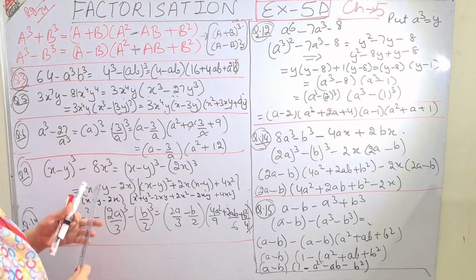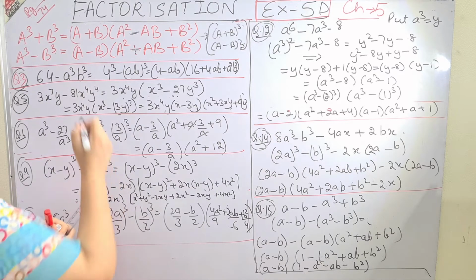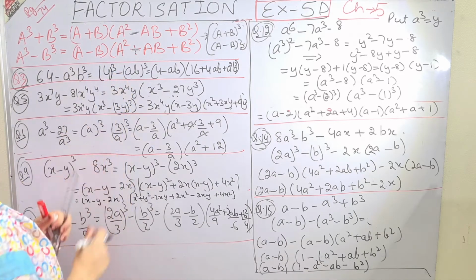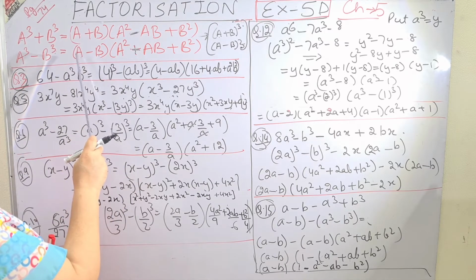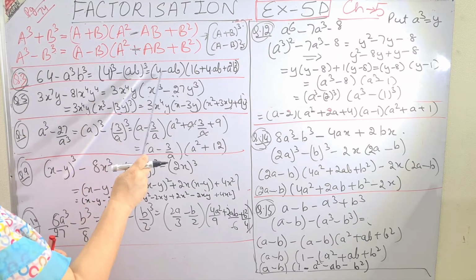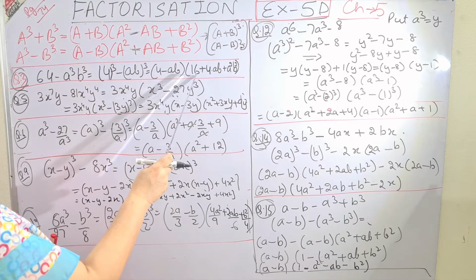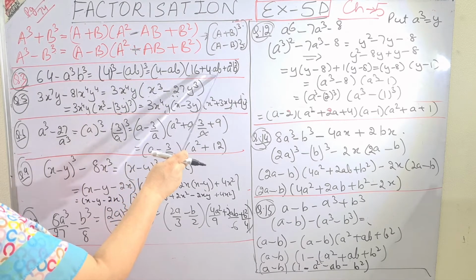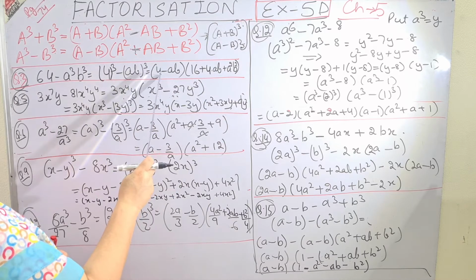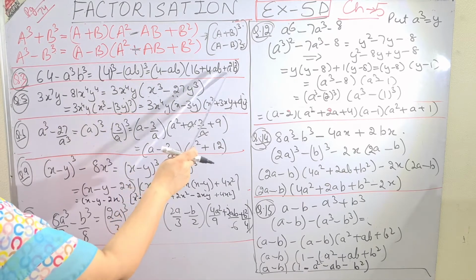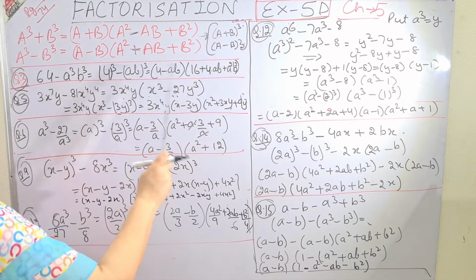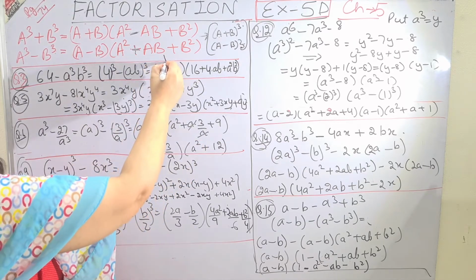So my main purpose will be to write them in the form of whole cubes. First term whole cube minus second term whole cube, and the minus formula you know: A minus B, that is first term minus second term, times first term square plus first term into second term plus second term square. First term was 4, second term was AB, so 4 square plus 4 times AB plus A square B square. So simple. Direct application of the formula.